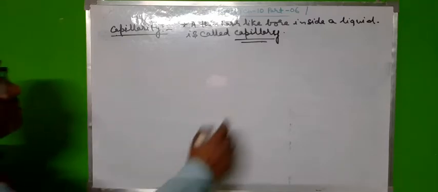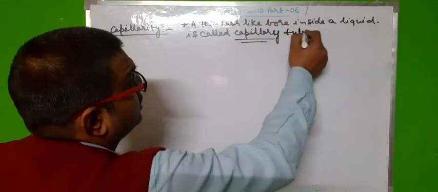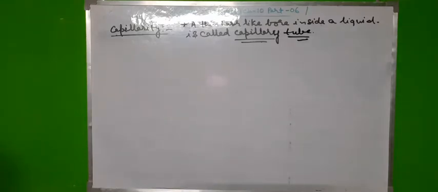This thin hair-like bore is called a capillary tube. This is called what? Capillary tube. And the phenomenon of rise and fall of liquid in a capillary tube is called capillarity.